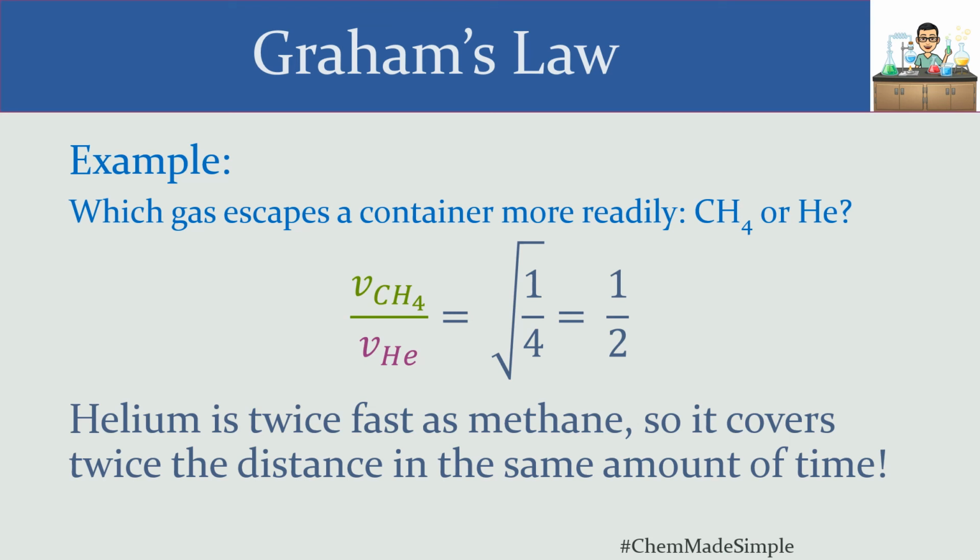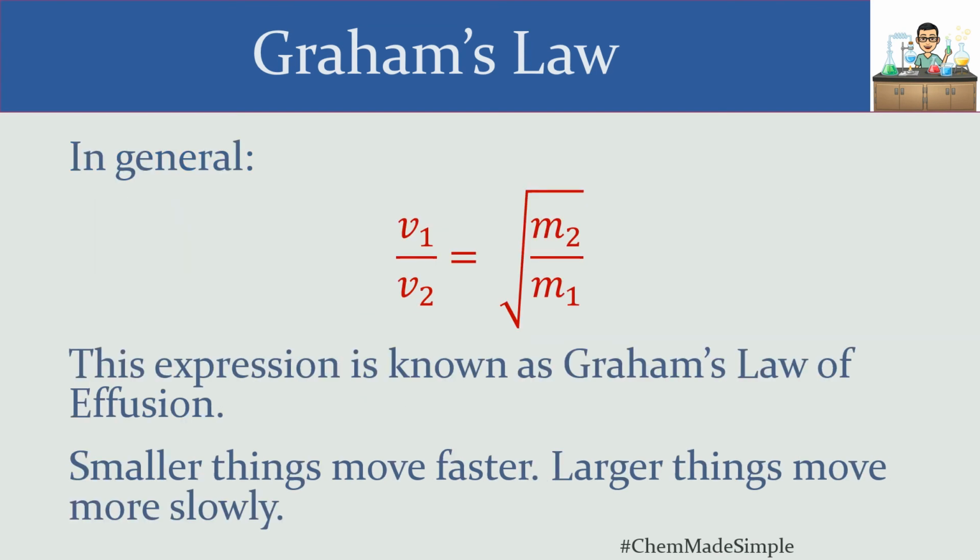So what we have here is a powerful relationship: we can find the relative velocities of two different molecules by taking a look at the ratios of their molecular weights. In general, the velocity of one molecule compared to the velocity of the other is equal to the square root of the ratio of their molecular weights.